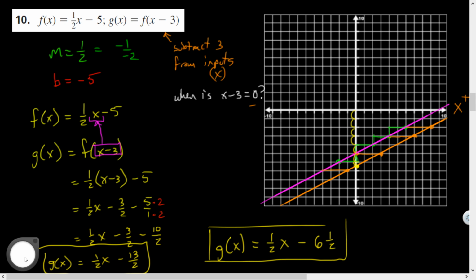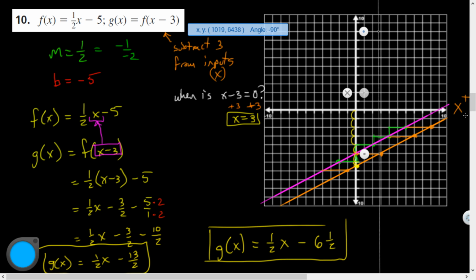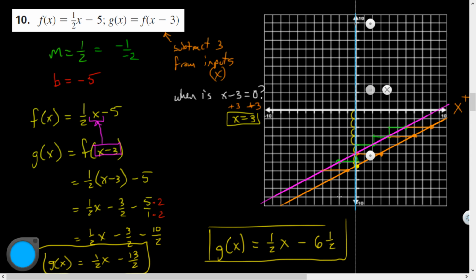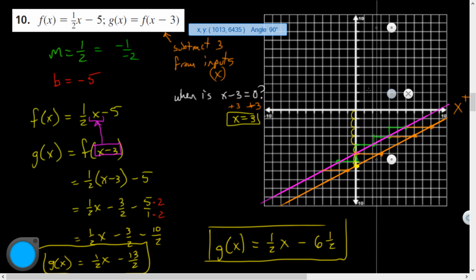And for what value of x would x minus 3 equal 0? Yeah, I would add 3 to both sides, and I would get x equals 3. So if you wanted to pretend as though I was graphing this, my old y-axis occurred here, right? Like so.